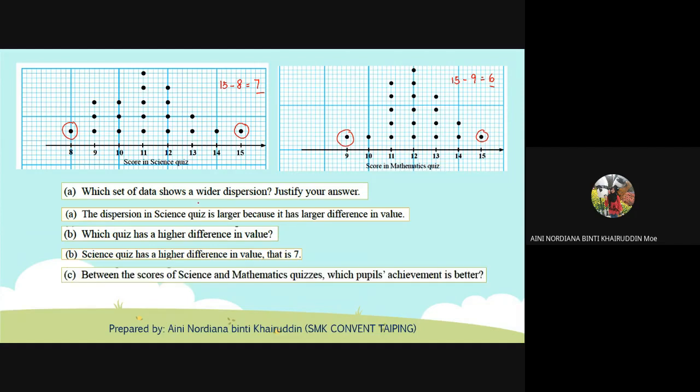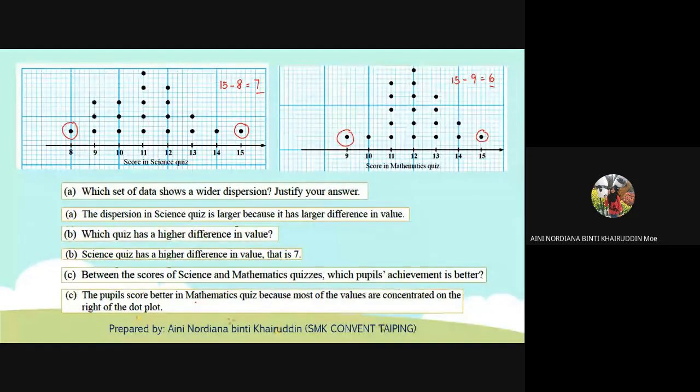Okay, soalan C. Between the score of science and mathematics quizzes, which pupils' achievement is better? Rasa-rasa yang mana? Achievement student. Science quiz ke mathematics quiz? Kalau tengok markah tu lebih kepada mathematics quiz, sebab banyak pelajar skor markah yang tinggi. So the pupils score better in mathematics quiz because most of the values are concentrated on the right of the dot plot.